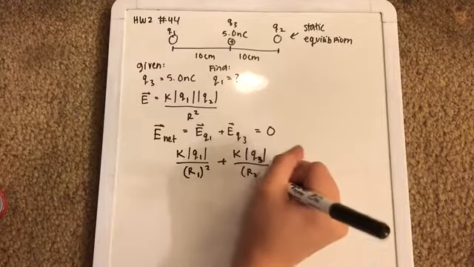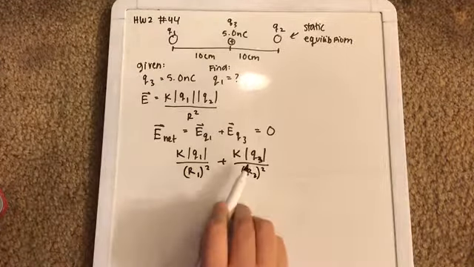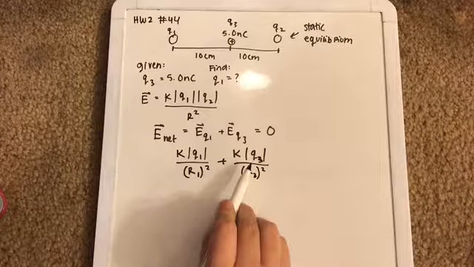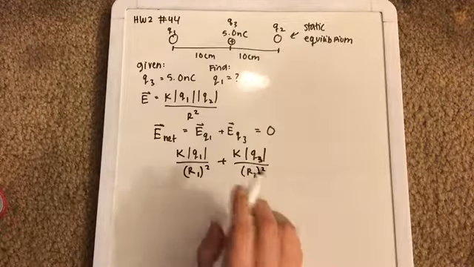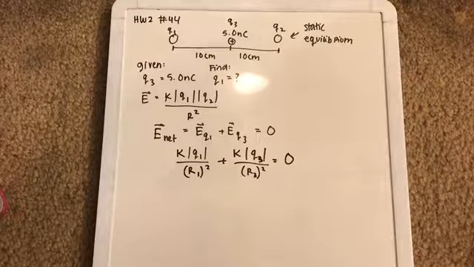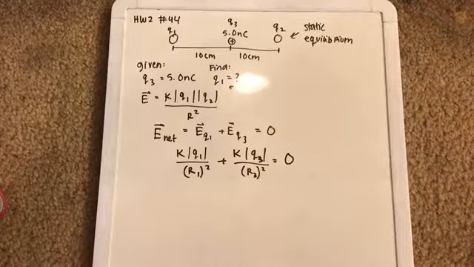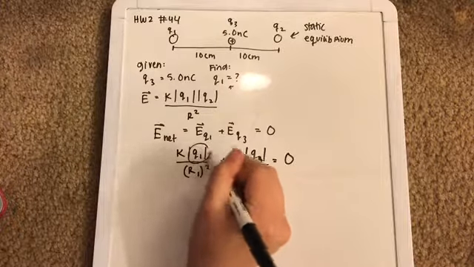My bad, this is the magnitude of Q3, not Q2. Okay, and these both equal 0. Okay, and we can't forget what we're looking for, which is Q1. So that's this right here.